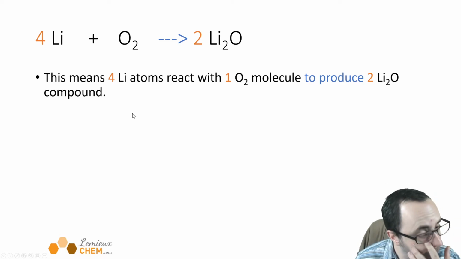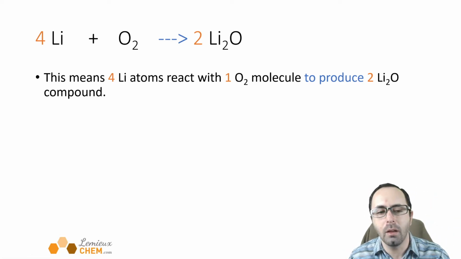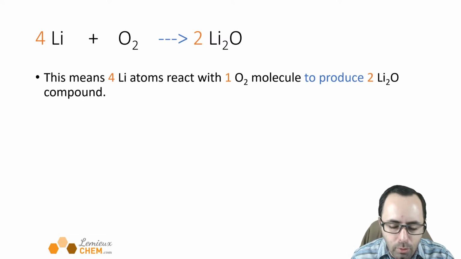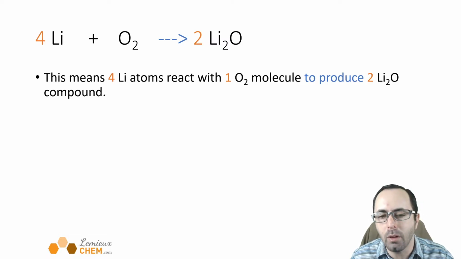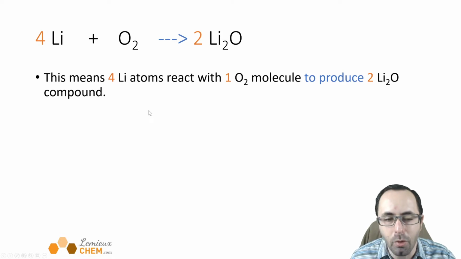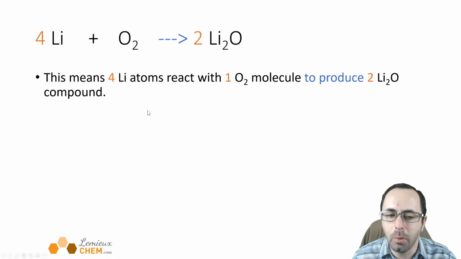But realistically, that's not very useful to us because we're not usually going to be working with individual tiny little atoms. It's just not really possible. Instead, we'll be working with many, many atoms, moles and moles of atoms. So we want to scale this recipe up so that it represents a realistic amount of reactants and products.